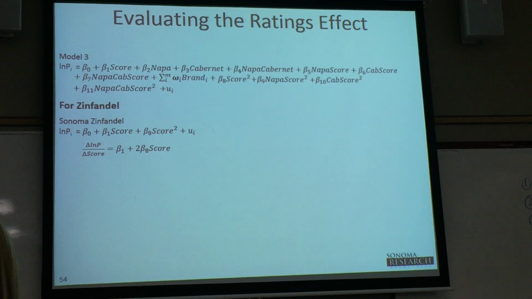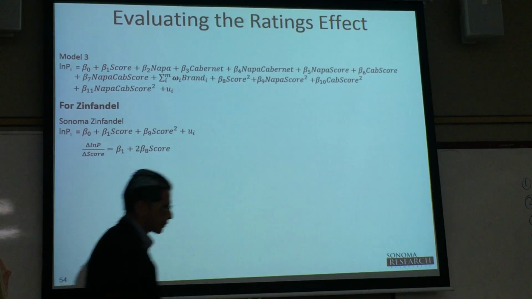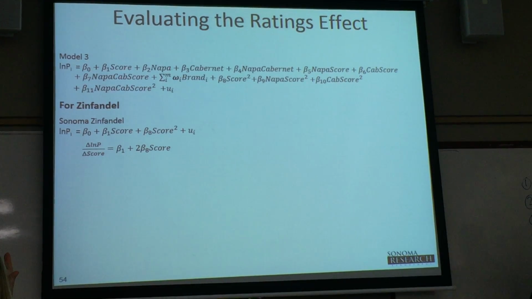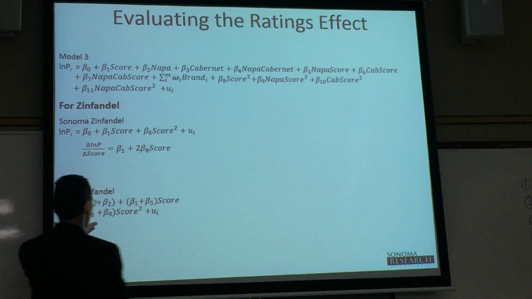But that's gonna be the syntax. It's gonna be the coefficient of score plus 2 times the coefficient of score squared times score. All right. For CAB, here's our model, right?